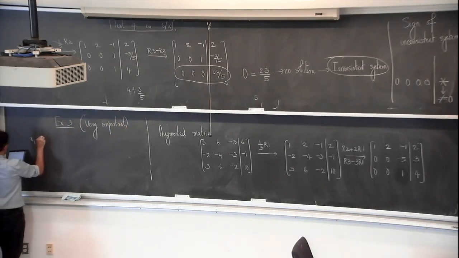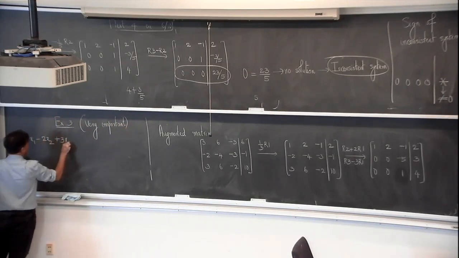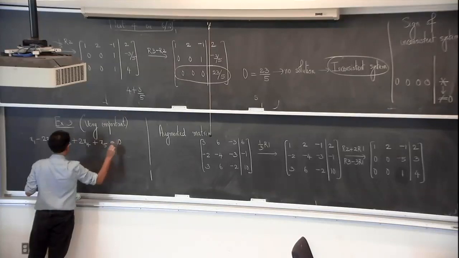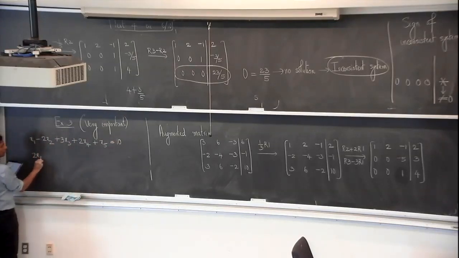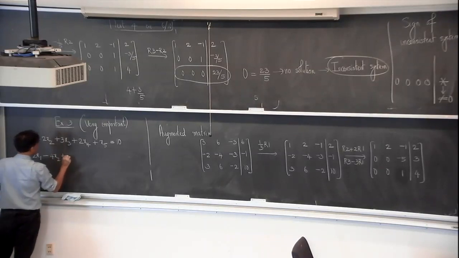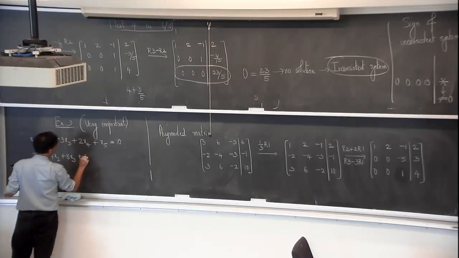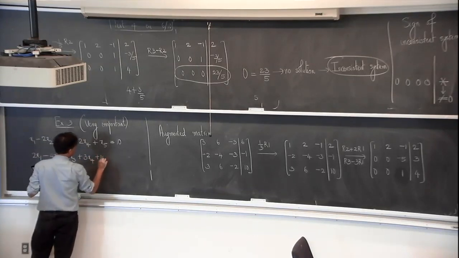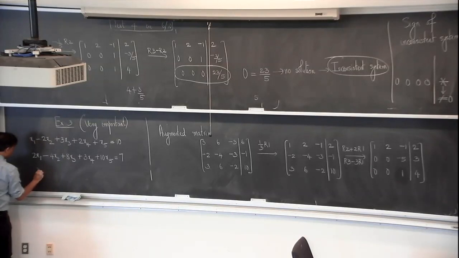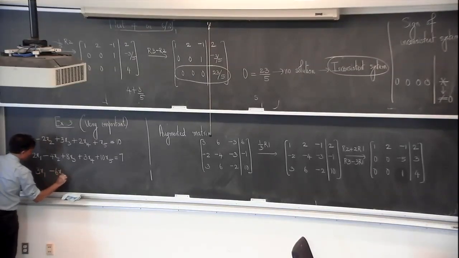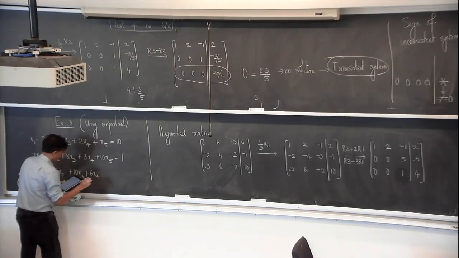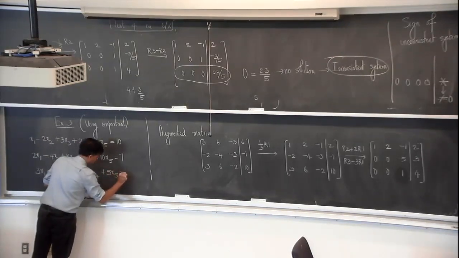x1 minus 2x2 plus 3x3 plus 2x4 plus x5 equal to 10. 2x1, yeah, 5 variables, right? 2x1 minus 4x2 plus 8x3 plus 3x4 plus 10x5 equal to 7, and 3x1 minus 6x2 plus 10x3 plus 6x4 plus 5x5 equal to 27.